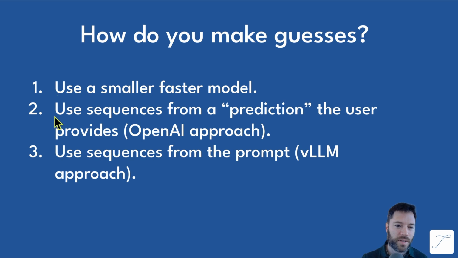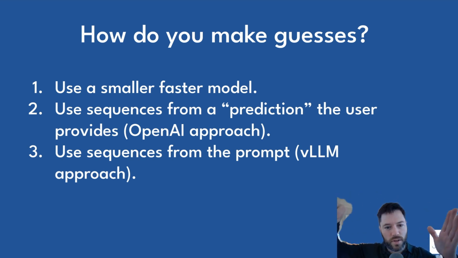The second option is you could just use some sequences from a prediction the user provides. And this is the OpenAI approach, whereby there's a field when I make a call to the LLM for the prediction. I will just provide a chunk of text, and sequences from within it are used to make reasonable guesses of what the future tokens might be. And the last approach is you could just use some sequences from the prompt.